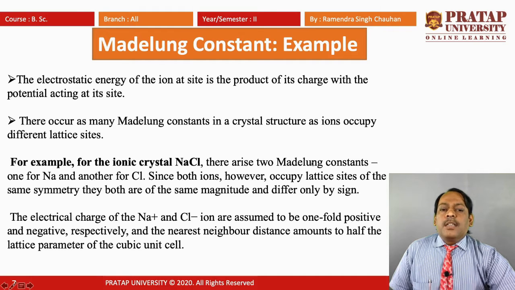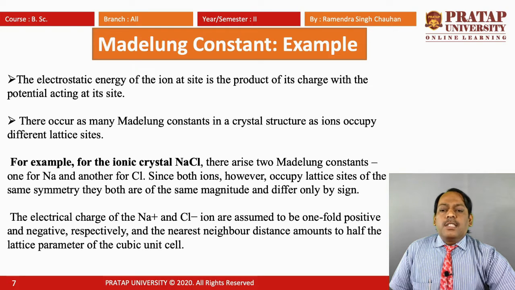There arise two Madelung constants, one for sodium and another for chlorine. Since both ions, however, occupy lattice sites of the same symmetry, they both are of the same magnitude and differ only by sign.